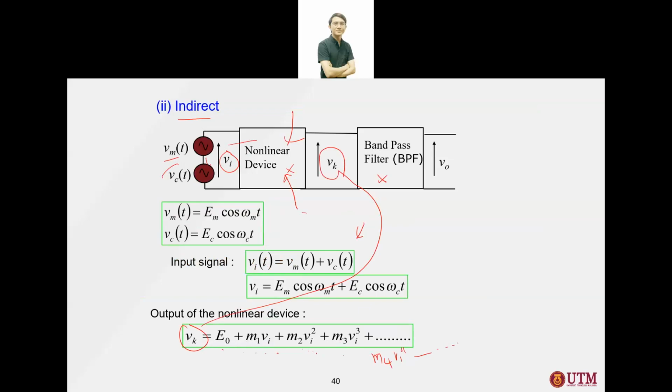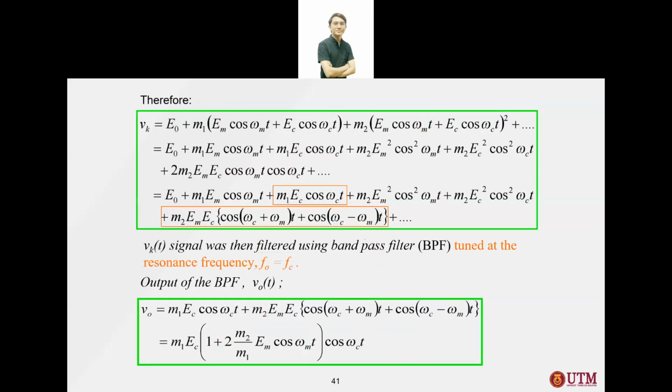What happens is that from this non-linear device, we will have a lot of harmonics. That's why we use this bandpass filter to limit to the frequency range that we want. Let's say we want the lower frequency component, so we remove the other components.